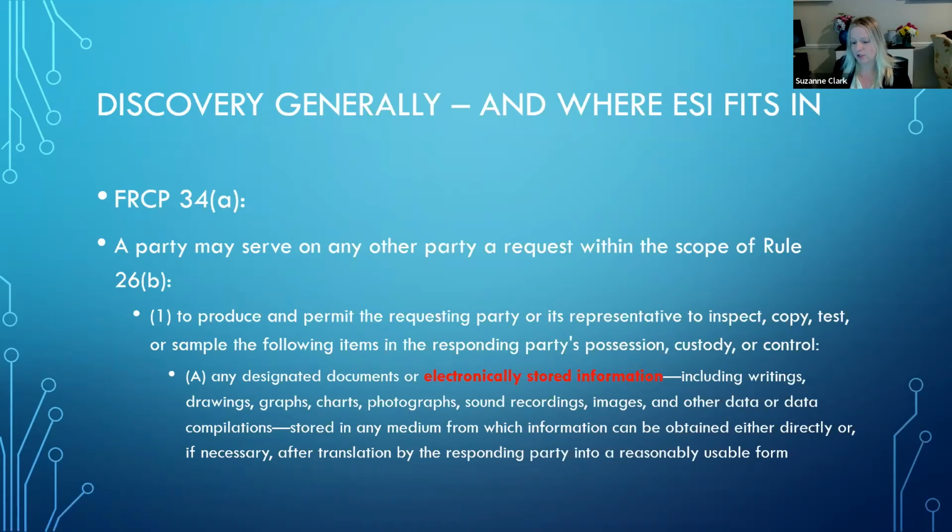And then there are 6 proportionality factors, which have to do with the burden and expense, how important this is to public policy. Won't get too much into that. And then Rule 34 is your request for production, where you can specify the format of production. That's where you can ask for your metadata and say, I want that.